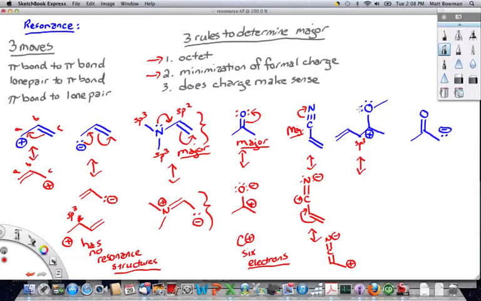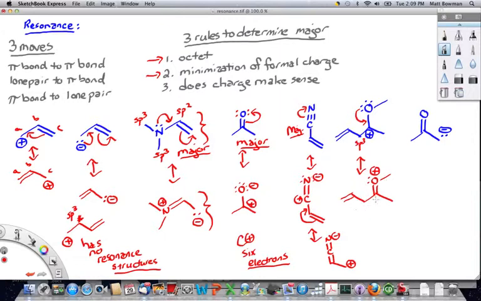Because you have an oxygen present, and oxygen can donate its electrons, like so, to form a pi bond. Positive, there, like so.